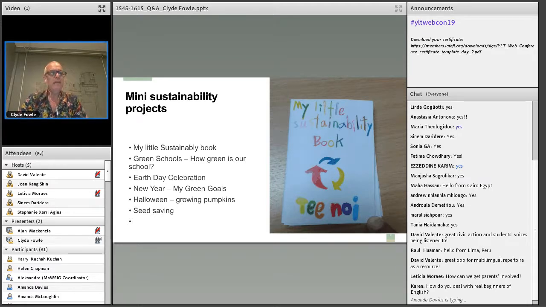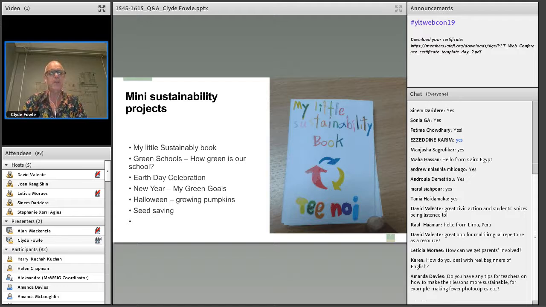Also, like many projects and many things in primary classrooms, special days come up through the calendar and we can incorporate them into our learning. So we do Earth Day celebrations at the beginning of the year, like in January at the new term.